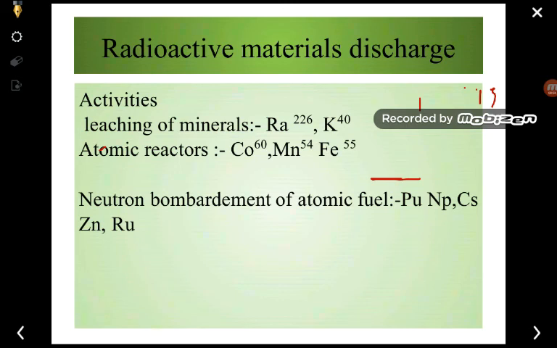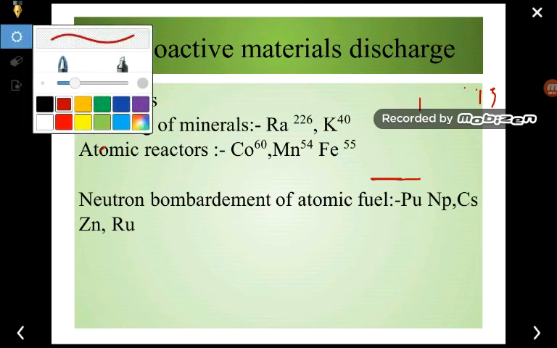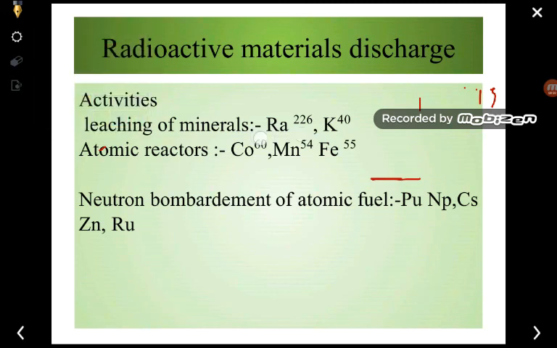During certain activities, either during processing or by means of the generation of atomic power, a certain amount of waste is discharged, and this discharge consists of high levels of radioactive materials, which are considered very hazardous for human health, and these are liberated during the leaching of minerals. During the leaching of minerals, there is a liberation of radium as well as potassium, and many more radioactive materials.